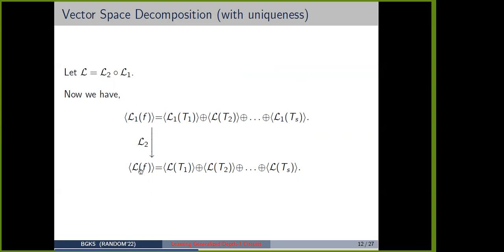And similarly, you have V, which is L of F, and you have VIs, which is L of TIs. And you can go from U to V and UI to VI when you apply L2 on these vector spaces respectively.